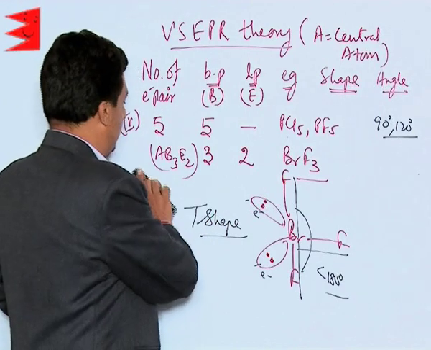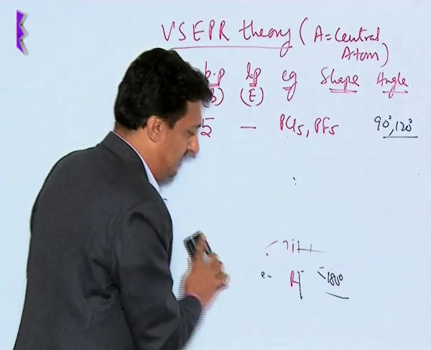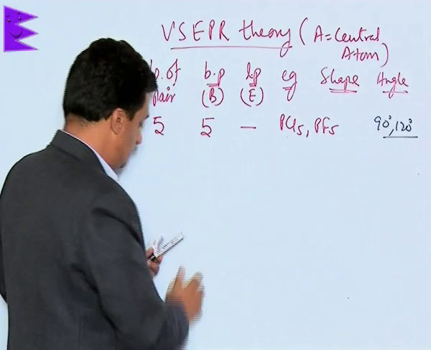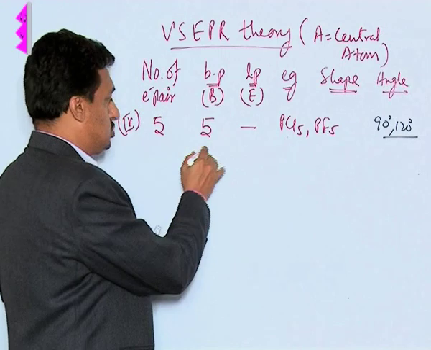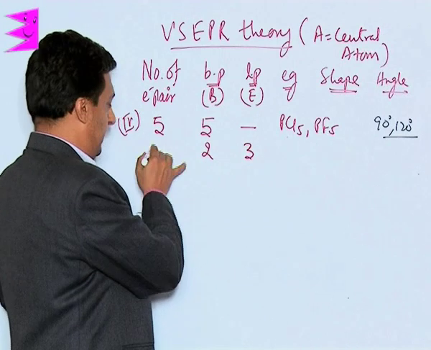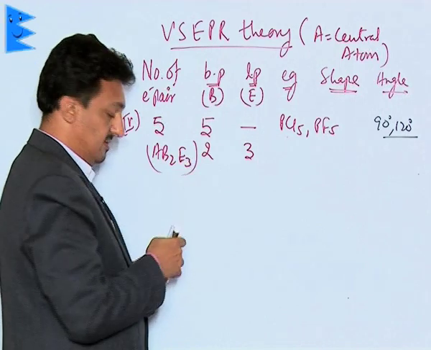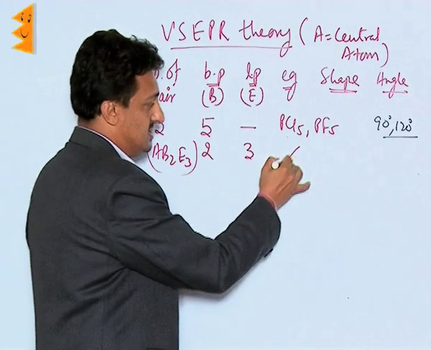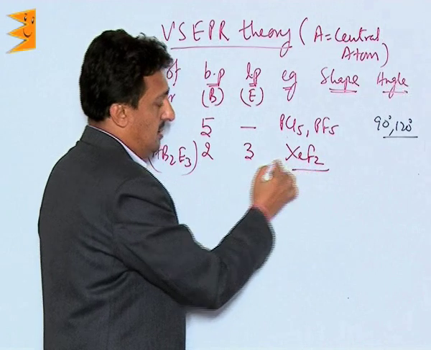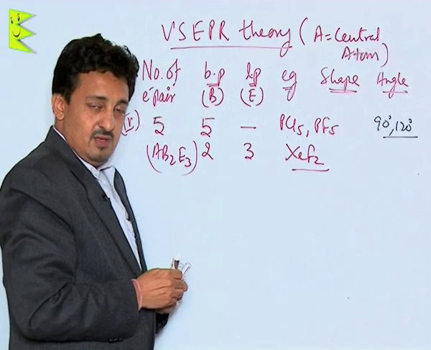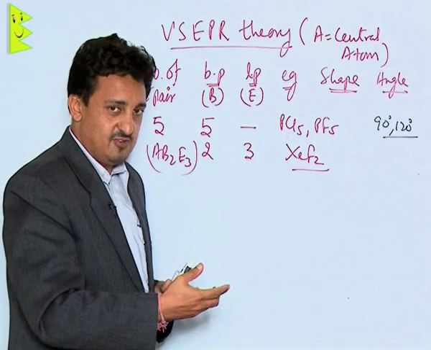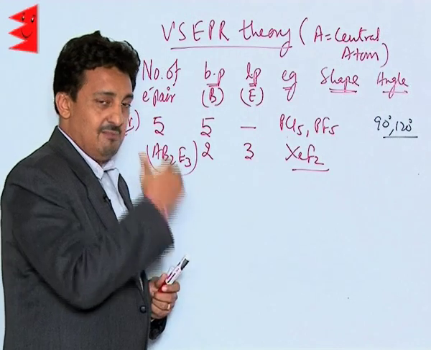Let us take the 4th example in this category, when we will have only 2 bond pairs and 3 lone pairs, the AB2E3 category. The best example is xenon difluoride. We know xenon has 8 valence electrons, a noble gas, and combines with fluorine.